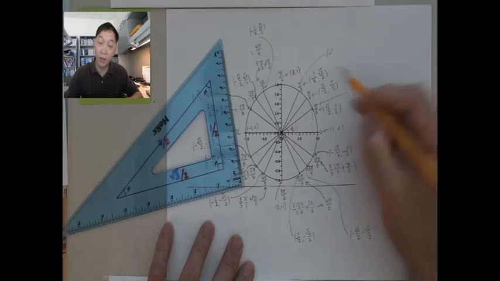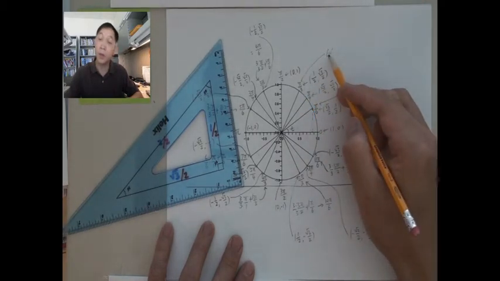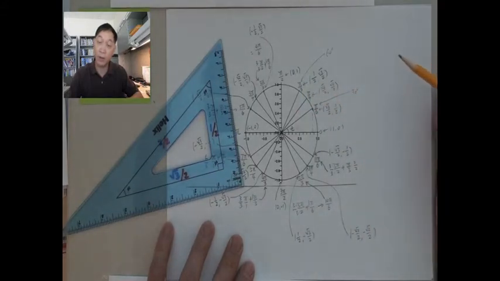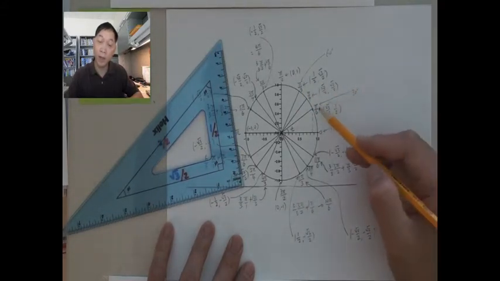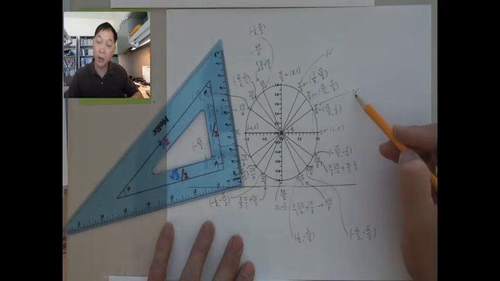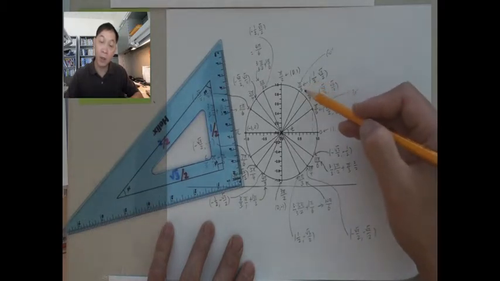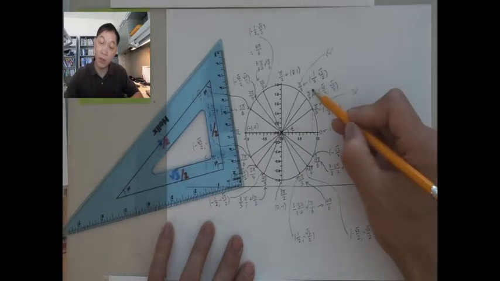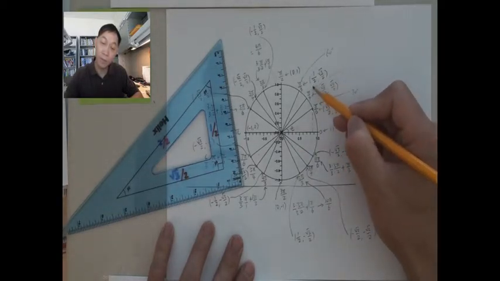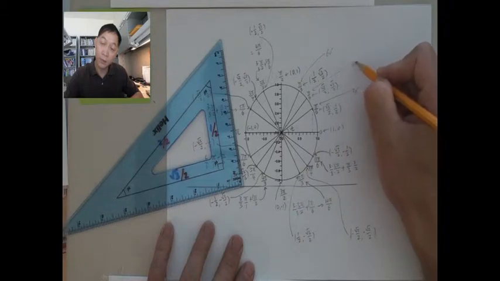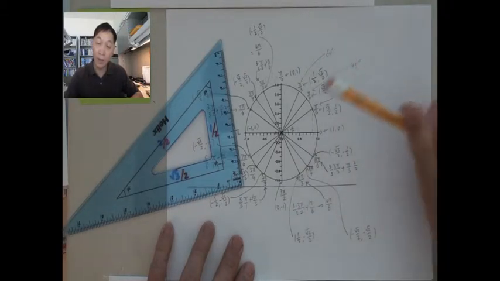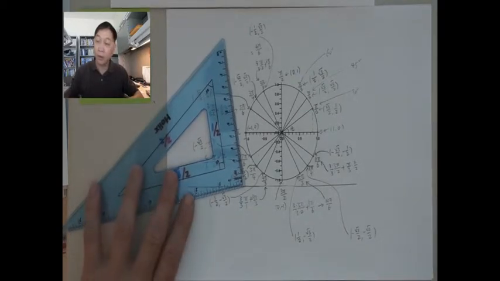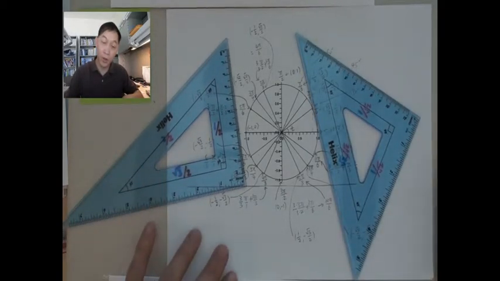Because pi is 180 degrees, 180 divided by 6 is 30, 180 divided by 3 is 60, and here is 45 degrees, since 180 divided by 4 is 45. So that's why those two triangles are important.